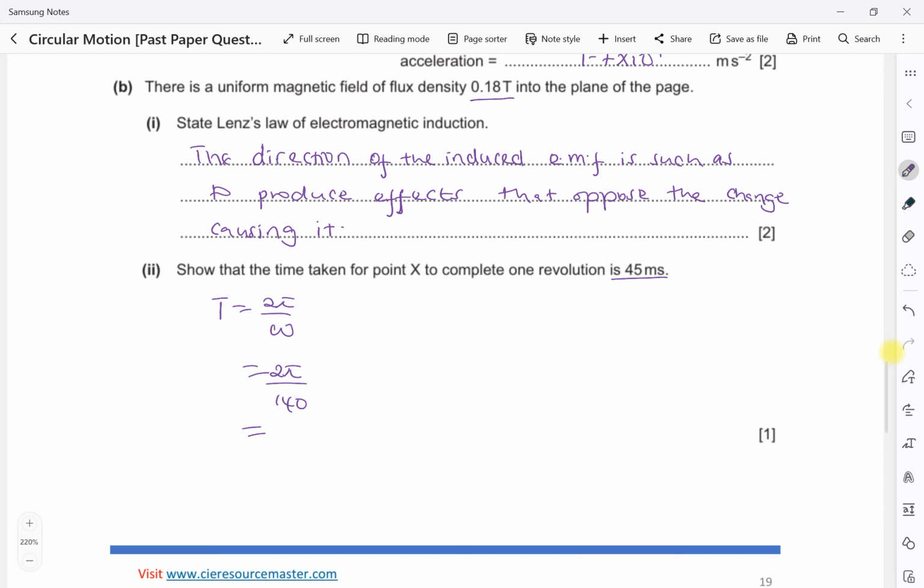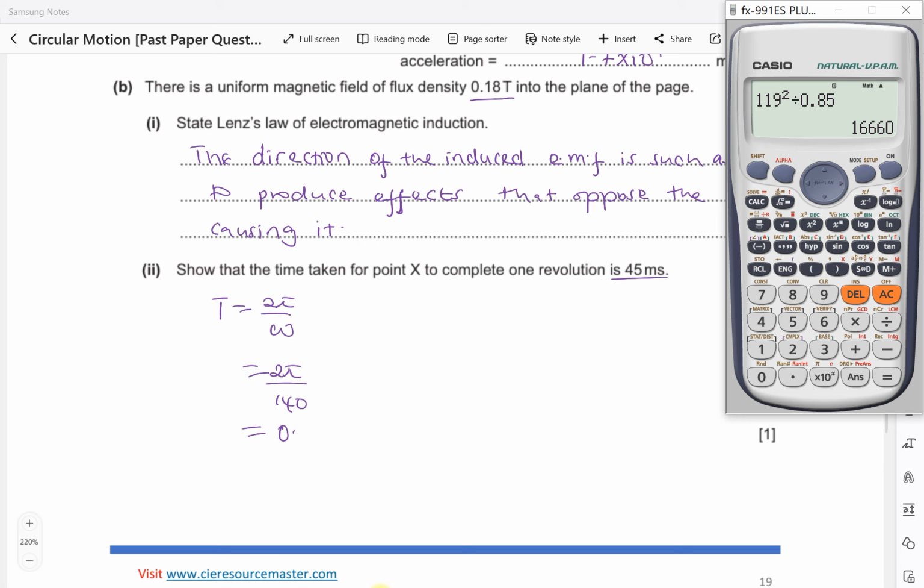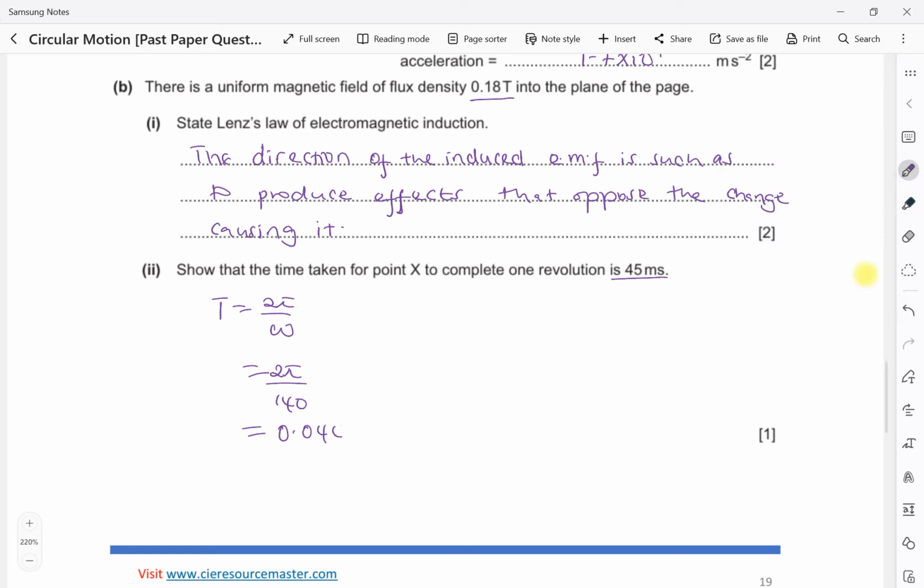Let's check: 2 pi divided by 140 gives 0.0449 seconds.